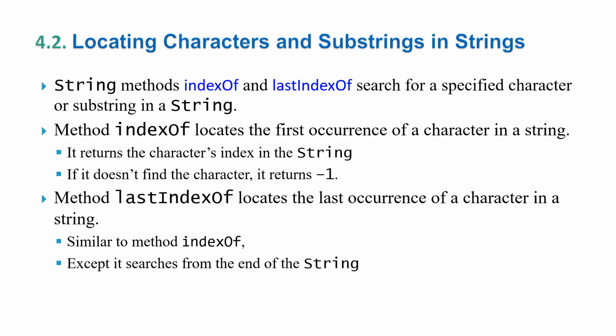It returns the index of the character in the string that it found, and if it doesn't find the character, it returns -1. The method lastIndexOf locates the last occurrence of a character in a string. It works similarly to the method indexOf, except that it searches from the end of the string instead of from the beginning of the string.